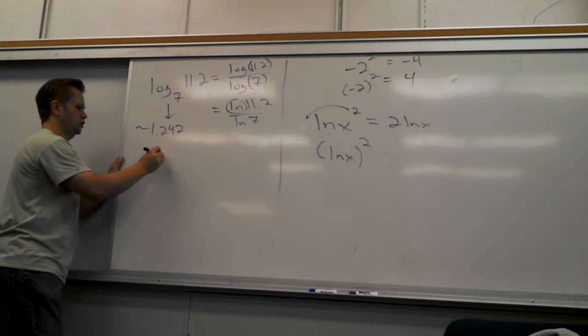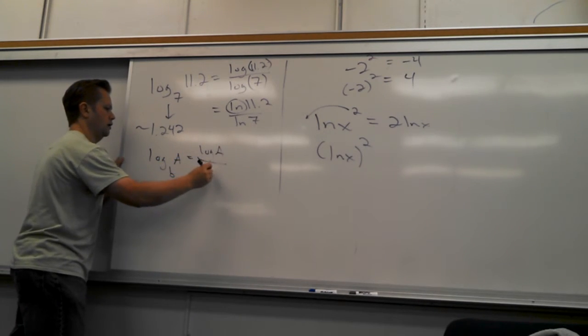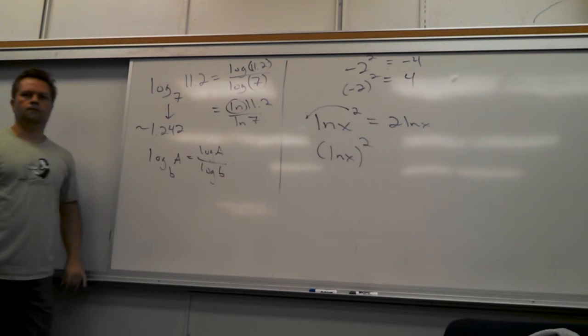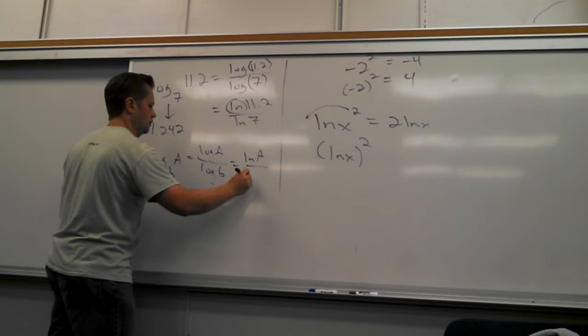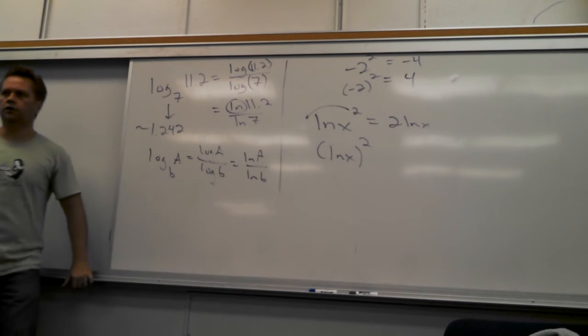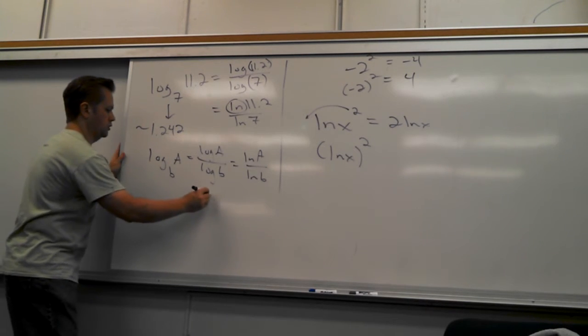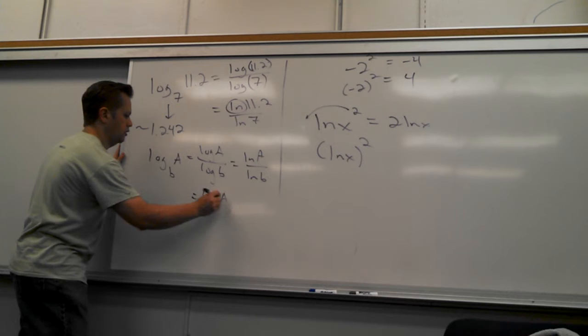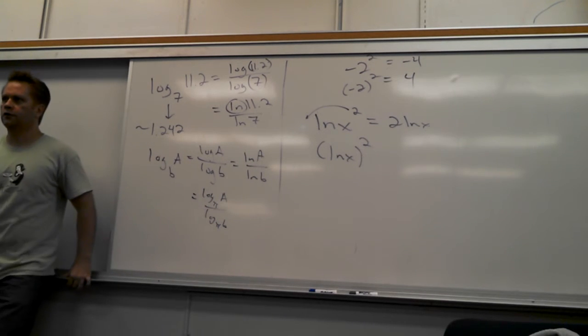The change of base formula in general is that. Either way, fill in any log. It's also equal to log base pi of A over log base pi of B, just to make things even more confusing.